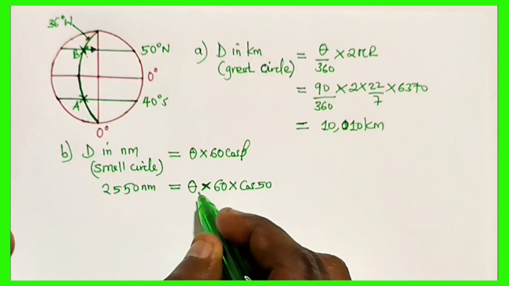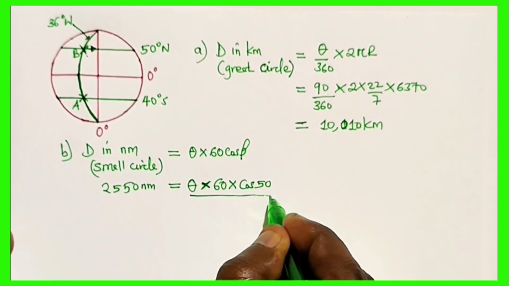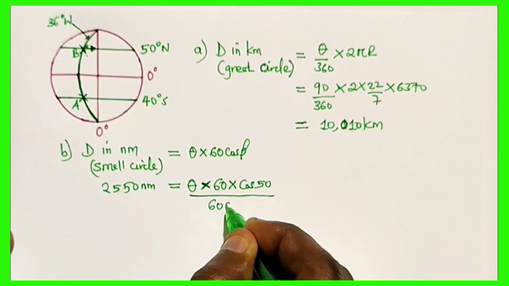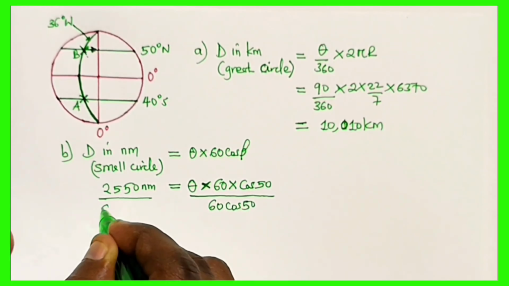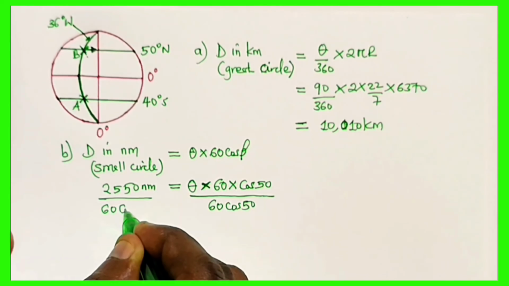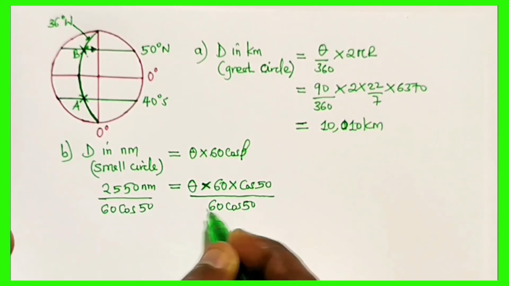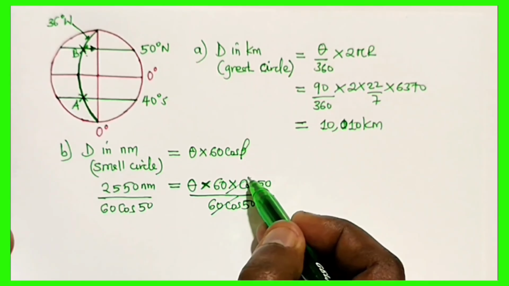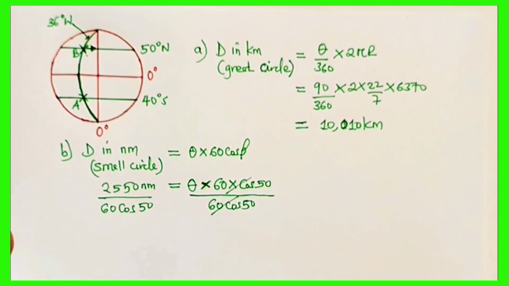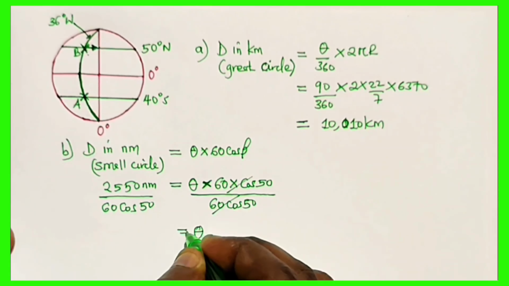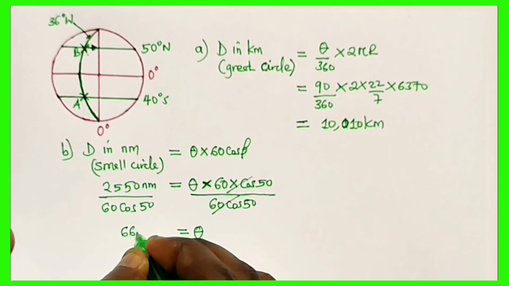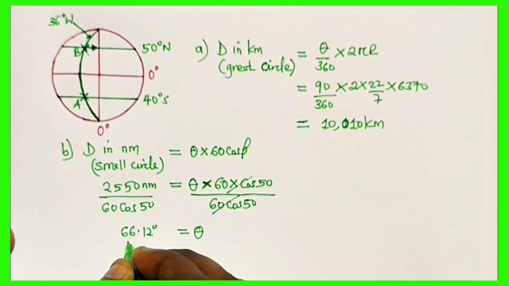And then the next step, we divide both sides by 60 multiplied by cos 50, so that we get the value of theta by cancellation on the right side of the equal sign. So we end up getting theta to be equal to 66.12 degrees.